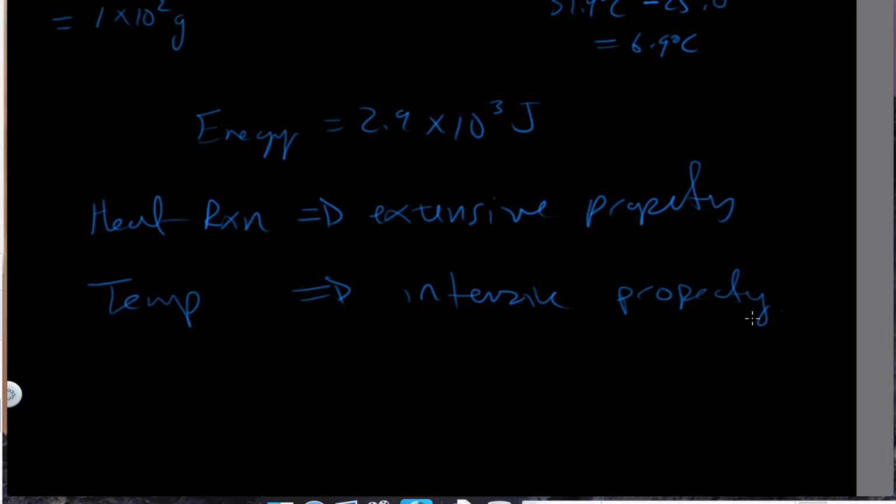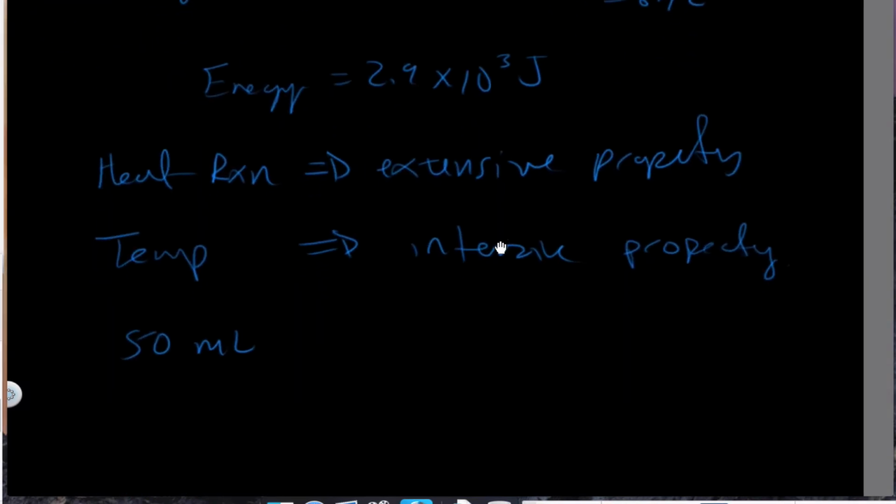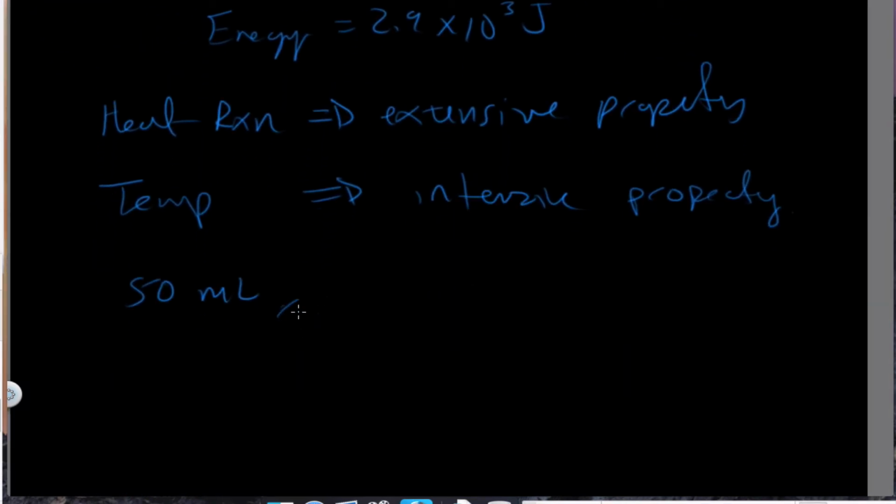Okay, so now the enthalpies of reaction, the delta H, are often expressed in terms of moles of the reacting substances, right? So the number of moles of hydrogen ions consumed in this reaction. Let's talk about that. It's going to be 50 milliliters, because that's what we started out with, times 1 liter over 1,000, so we get rid of the liters, times 1 mole of H plus per liter.